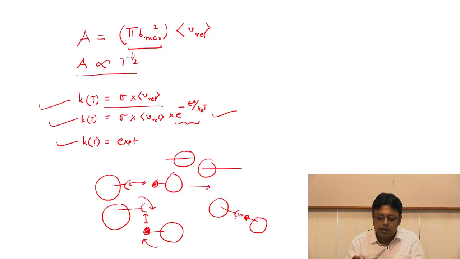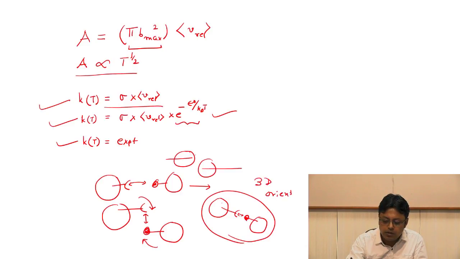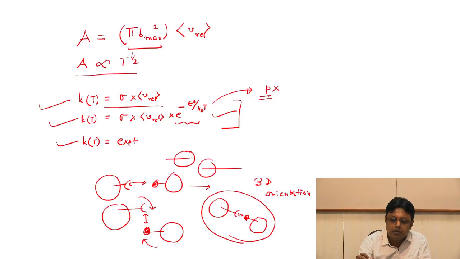So it means that the proper orientation, the three-dimensional orientation, is very important. To get a better result, people compare these two values and write that we will get the true value if we multiply by some other factor, sometimes called P, which is known as the probability factor, times this modified rate constant, which is sigma times v_relative times e to the power minus epsilon star by kBT.